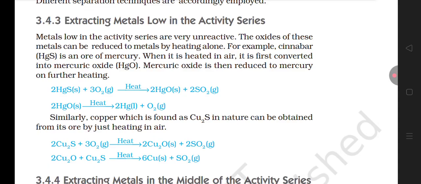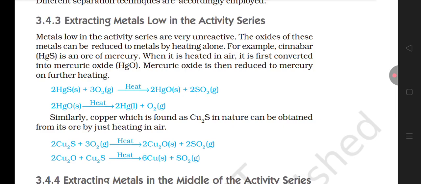It is easier to obtain a metal from its oxide, so metal sulfides and carbonates must be converted into metal oxides. Sulfide ores are converted into oxides by heating strongly in excess air, which is known as roasting, and carbonate ores are changed into oxides by heating strongly in limited air. This process is known as calcination.